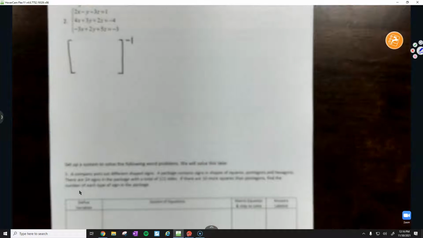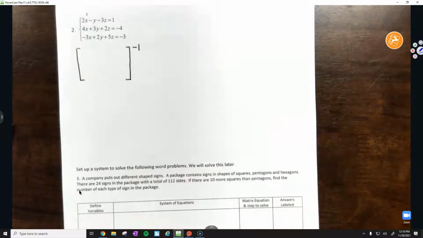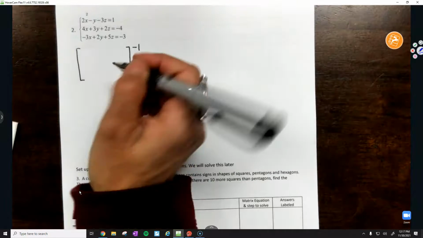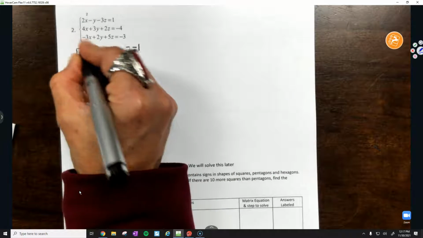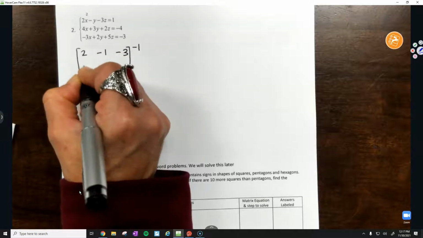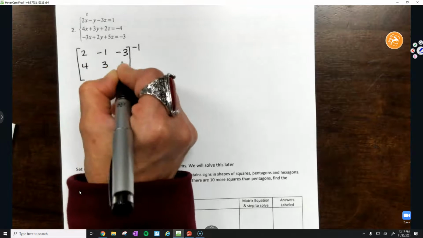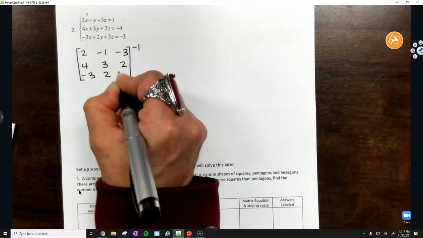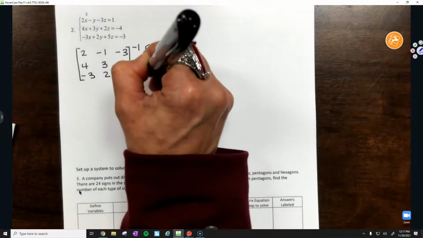every single time it's always raised to the negative first power because we're kind of doing a shortcut. We're just going to go ahead and show the process to solve for the letter X and the letter Y and the letter Z. So it's going to be 2, -1, -3 for your first row, 4, 3, and 2 for your middle row, and then -3, +2, and 5 for your last row.